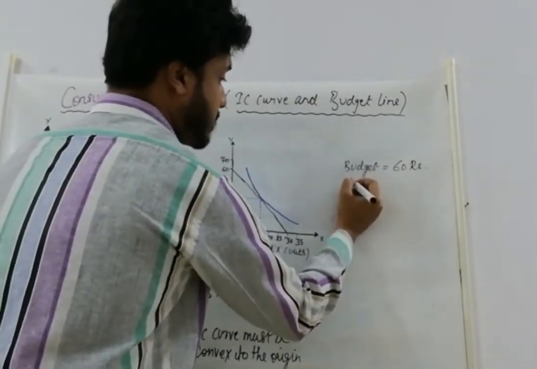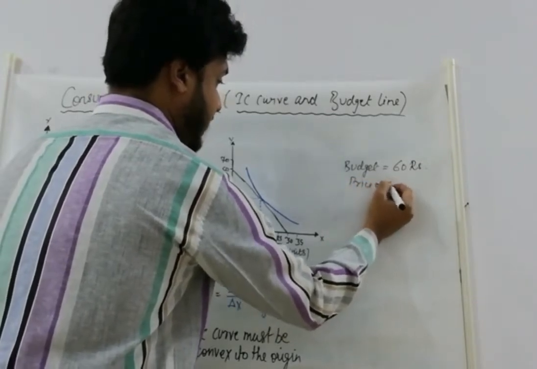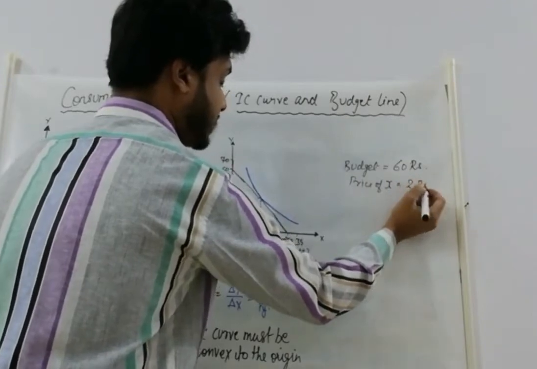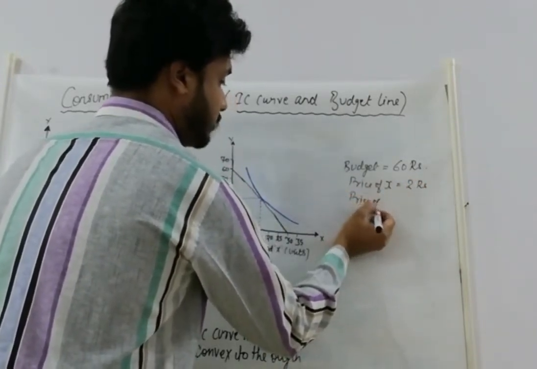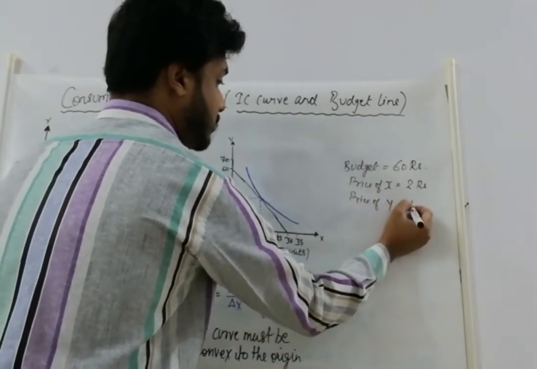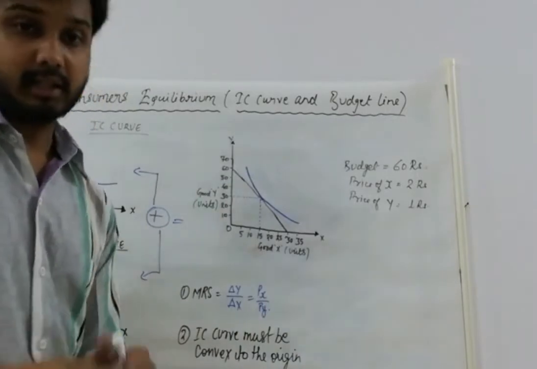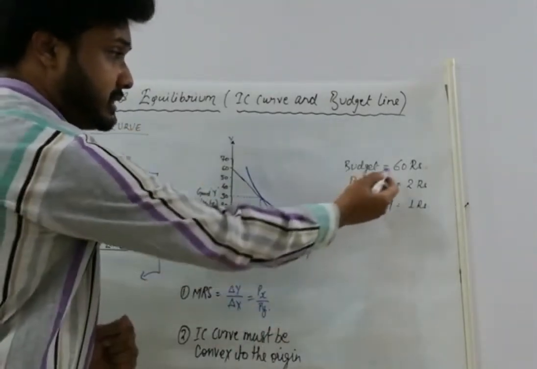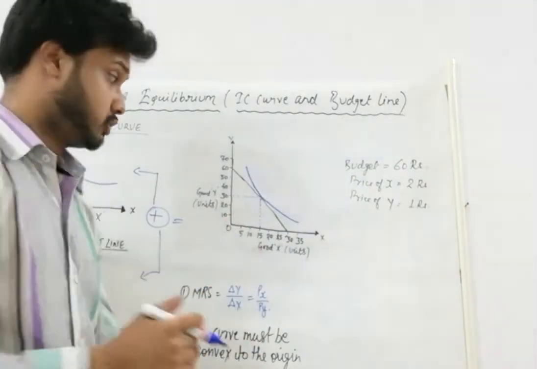Price of X is 2 rupees per unit and price of Y is 1 rupee per unit. These are the conditions given. Now we will use this. So the budget is 60 rupees, and we cannot purchase quantities beyond 60 rupees.